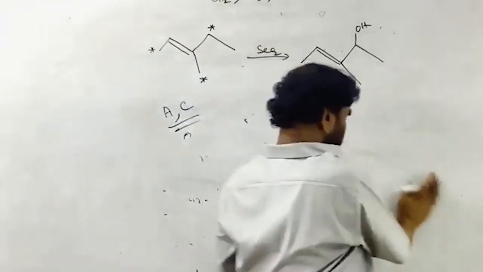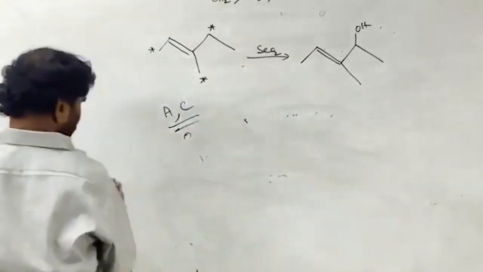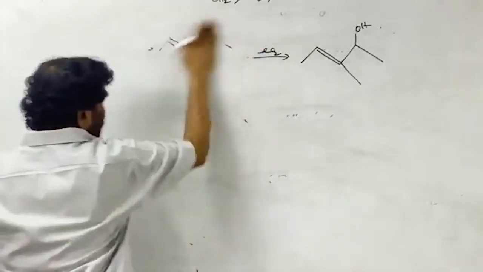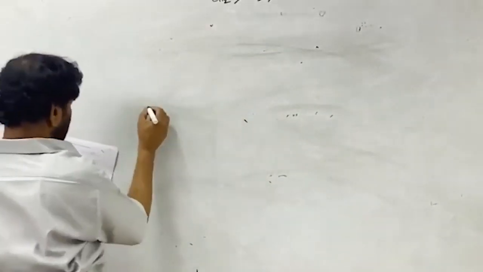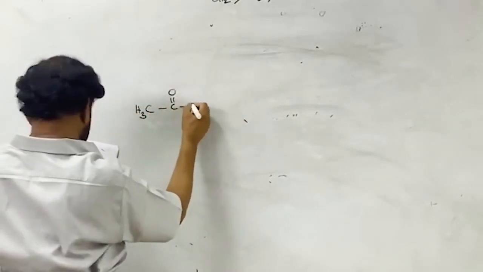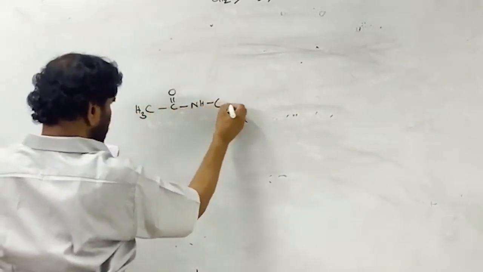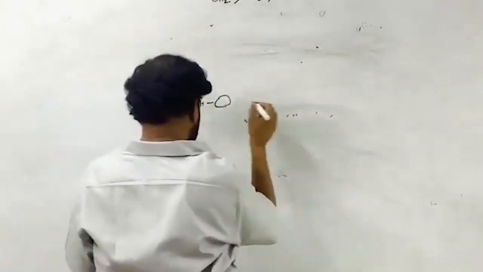Now the question is that different amides are given, and he is asking to determine the relative rates of hydrolysis. CH3, C double bond O, NH, attached to cyclohexane.